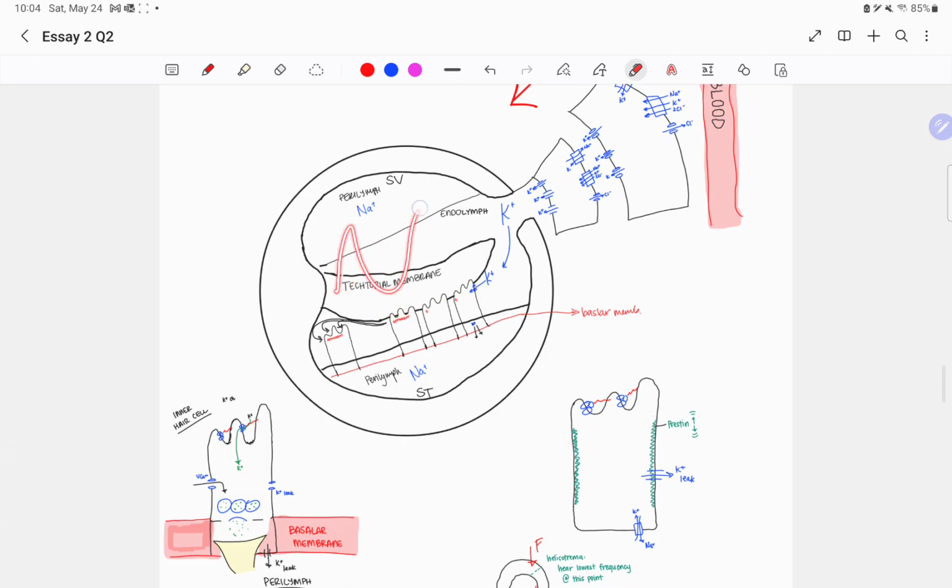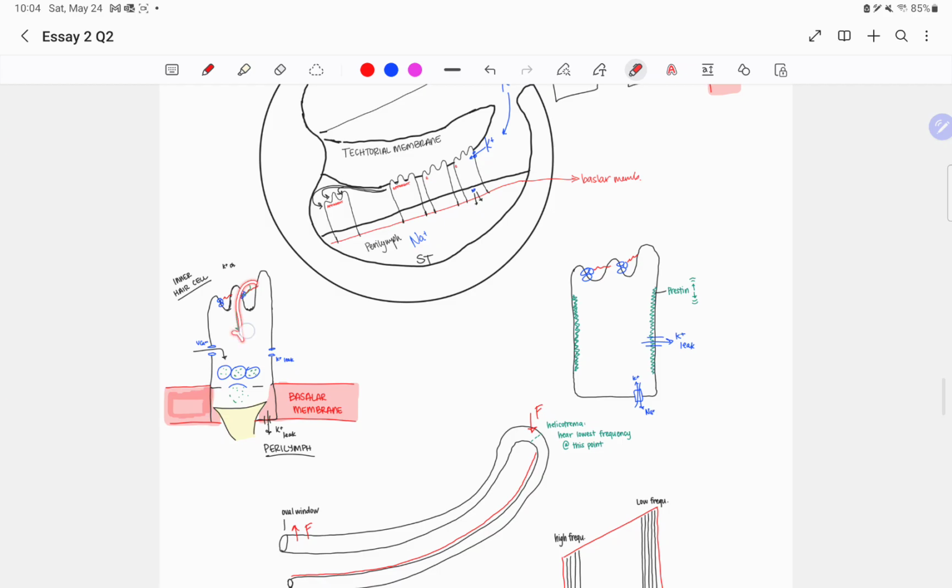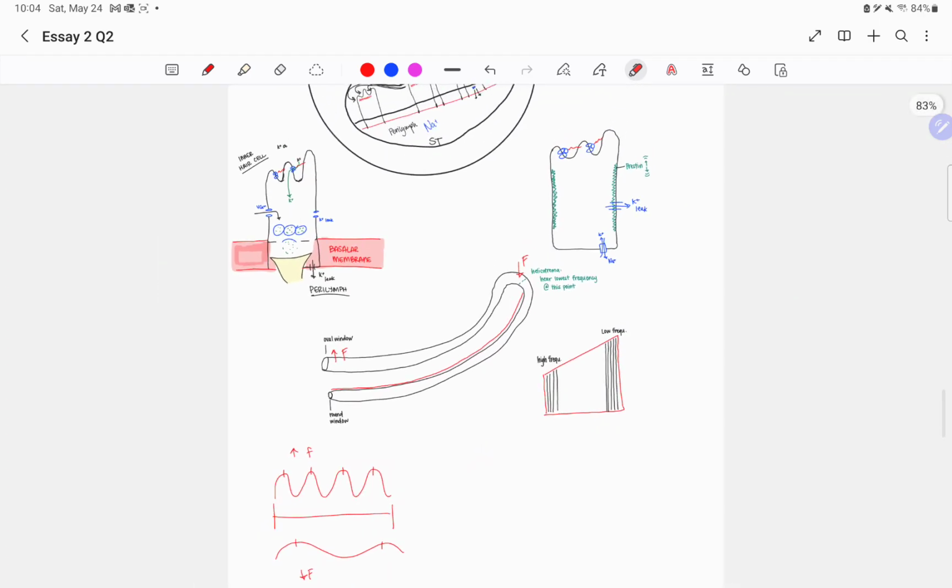As this all gets moving, it causes waves to come here and activate our inner hair cell, which, when potassium rushes into this cell and brings calcium in, then we activate an action potential that leads to the brain, and thus we hear.